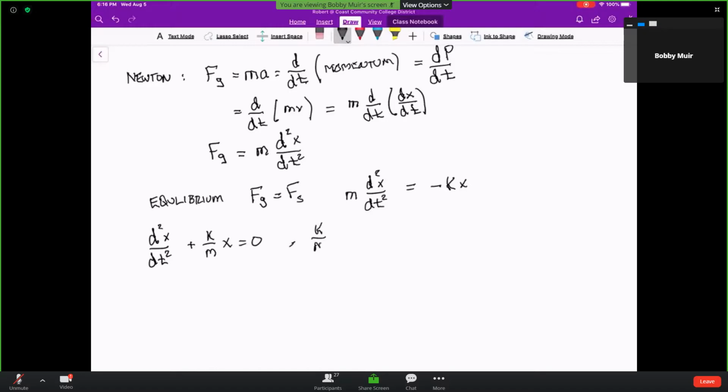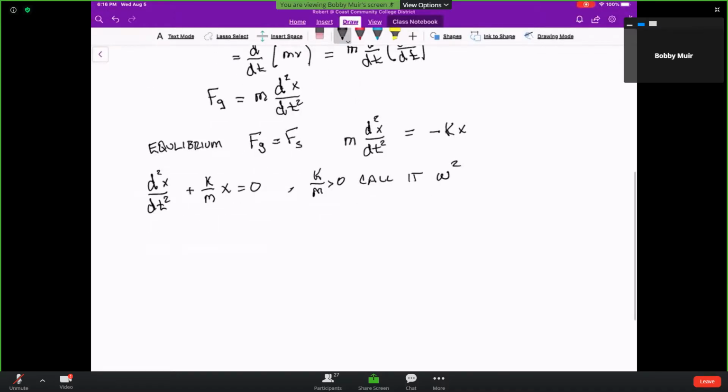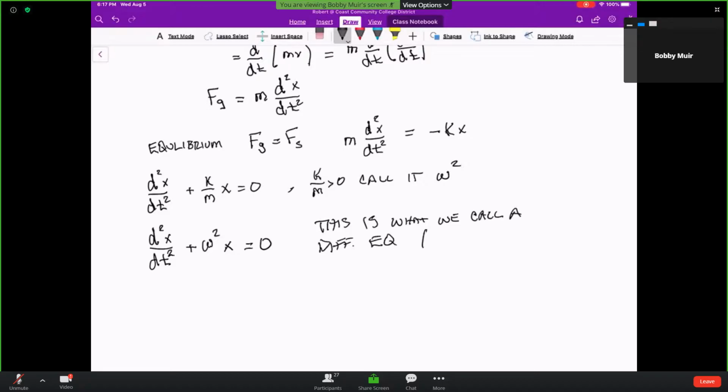Since k over m is positive, call it omega squared. And so what we arrive at is this equation. Now this is what we call a differential equation.